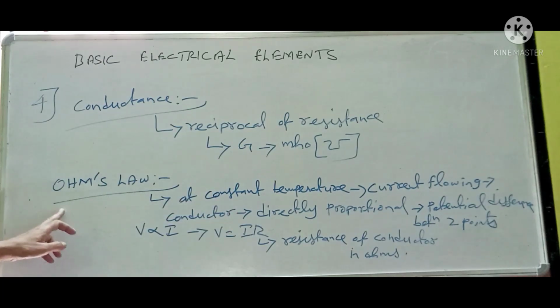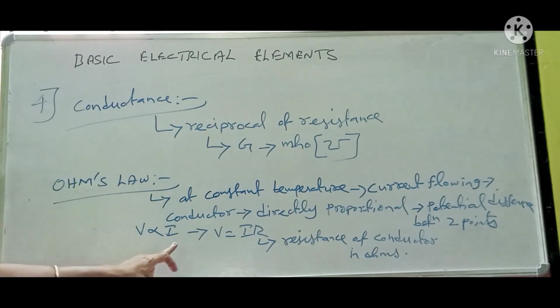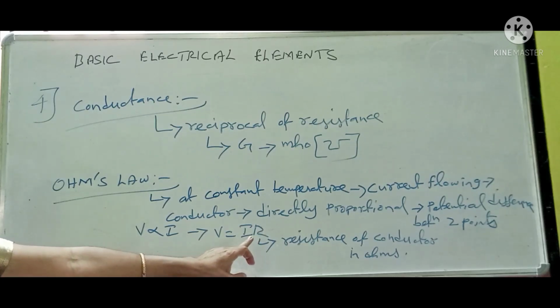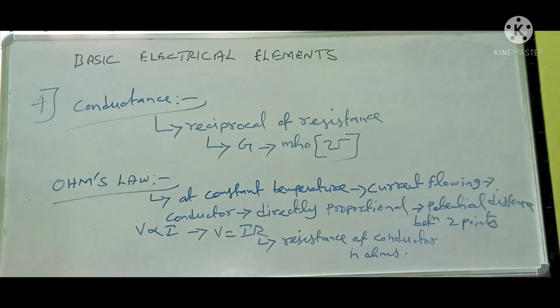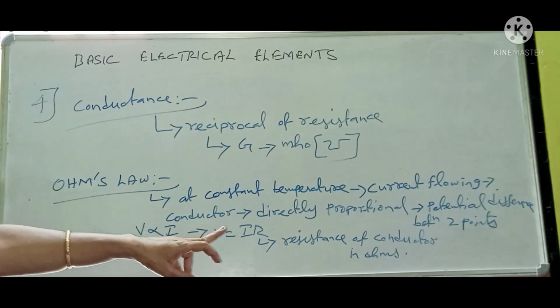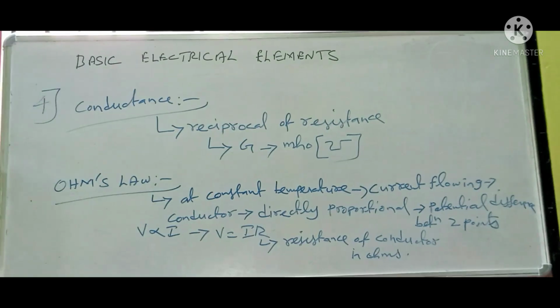So V is directly proportional to I. So V equal to I into R. The R is the proportionality constant, defined as the resistance of the conductor, denoted in ohms.